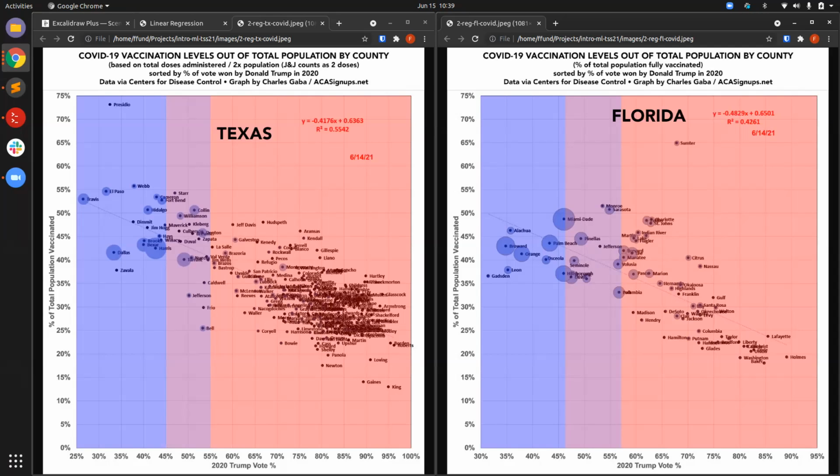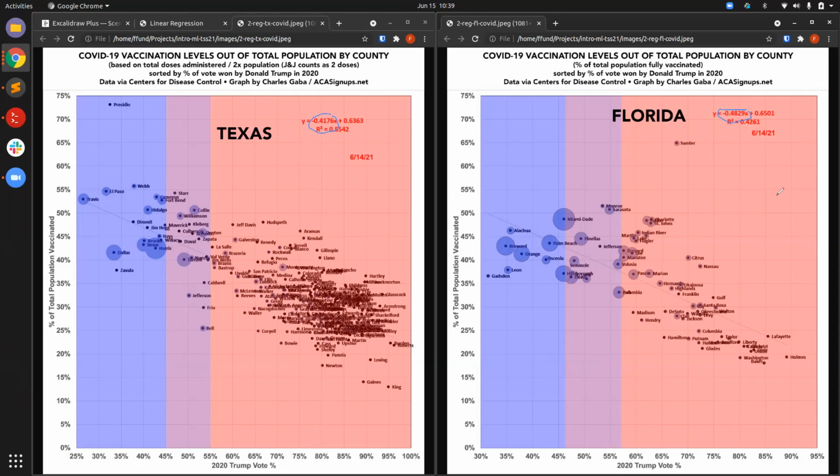Okay, so let's take a look at the W1 vector. So in Texas, there is a 0.4176 point decrease associated with a 1 point increase in vote. In Florida, there's a 0.4829 decrease in population level for each 1 point increase in vote.